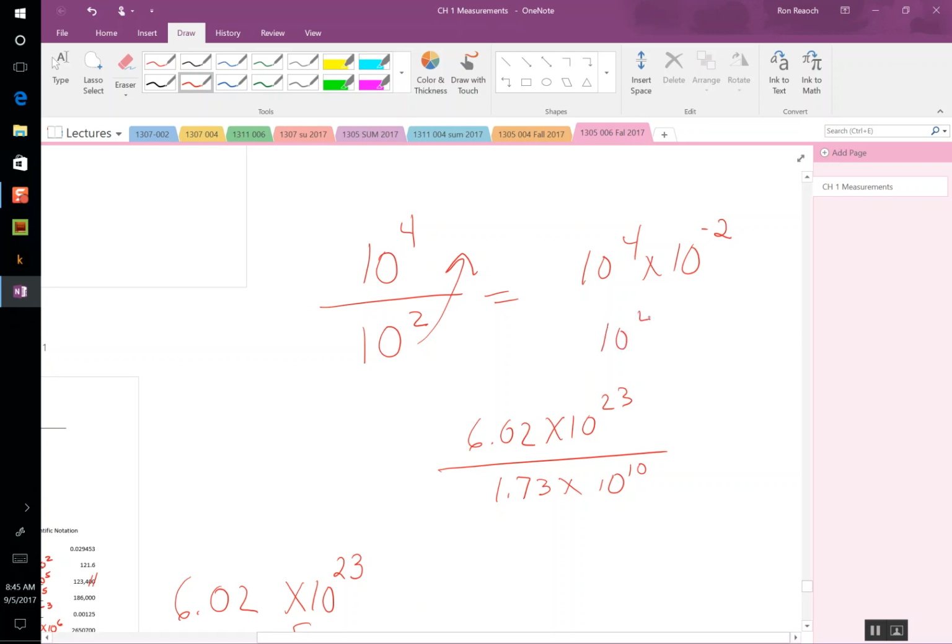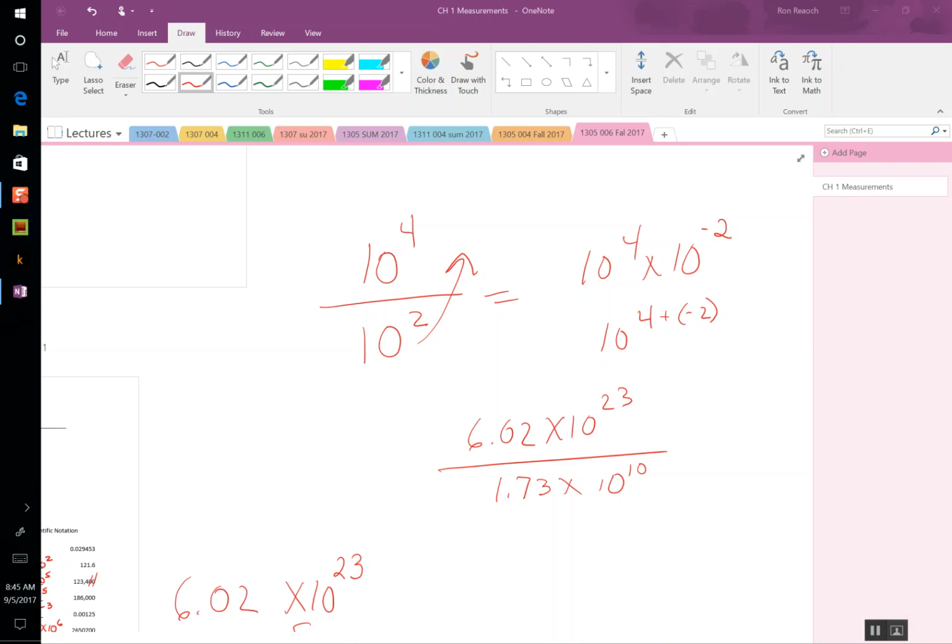So you've got 10 to the 4 plus a minus 2, which goes to 10 squared, or 100. So get familiar with how you handle exponents.